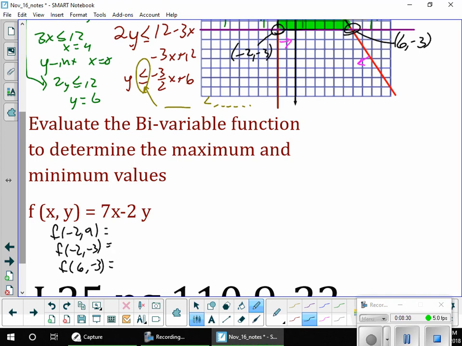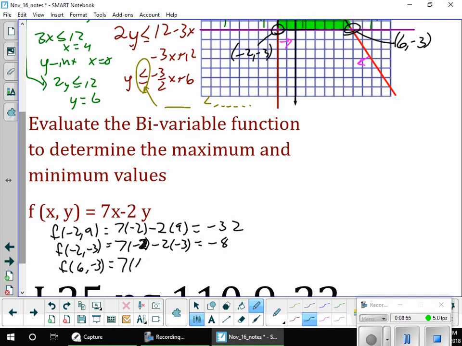So if I put the -2, 9 in for the x and y, I get a 7 times a -2 minus 2 times a 9, which gives me a -14 minus the 18, gets me a -32. And if I put the -2, -3 in there, I get a -14 plus 6, which would give me a -8.